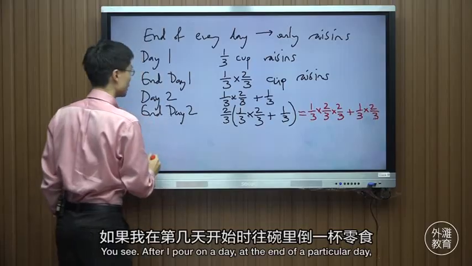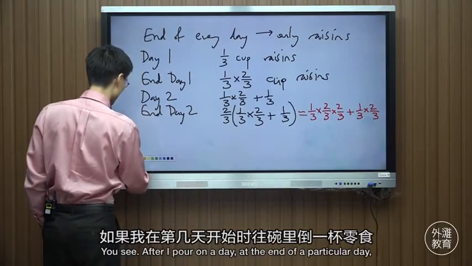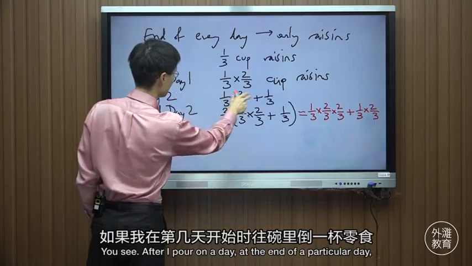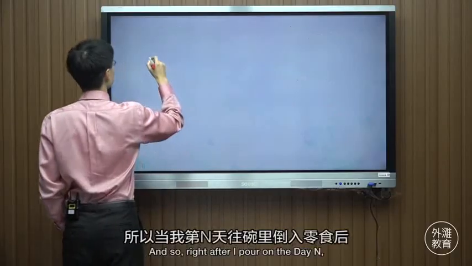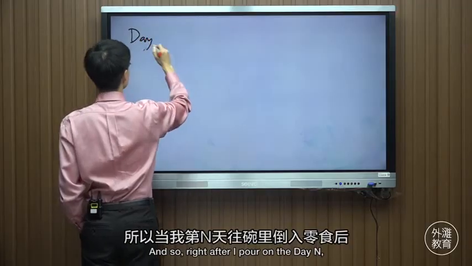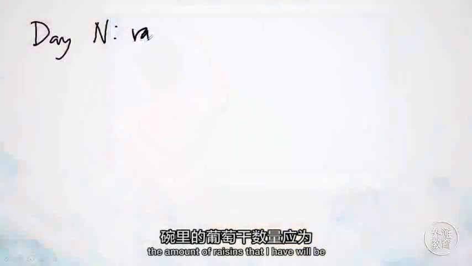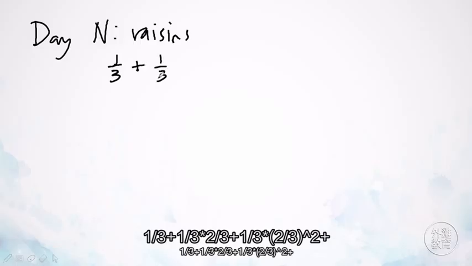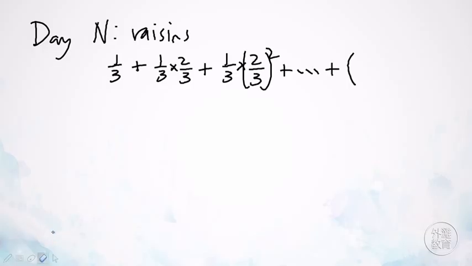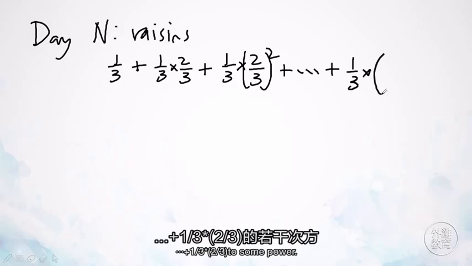You see, after I pour on day n, the amount of raisins that I have will be 1/3 plus 1/3 times 2/3 plus 1/3 times 2/3 squared plus ... plus 1/3 times 2/3 to some power.